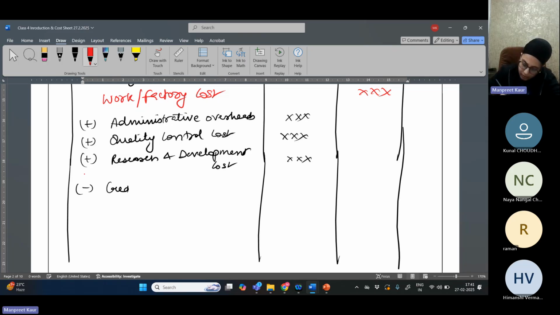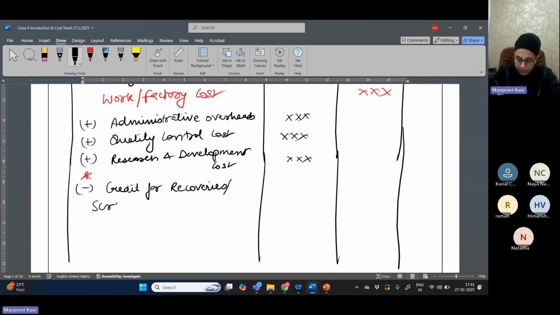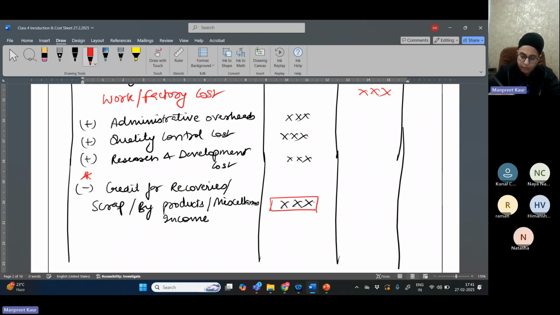We will also do this, which is the major thing: scrap, or we can say credit for recoveries, scrap, byproduct, or miscellaneous income. We adjust here in the cost of production.